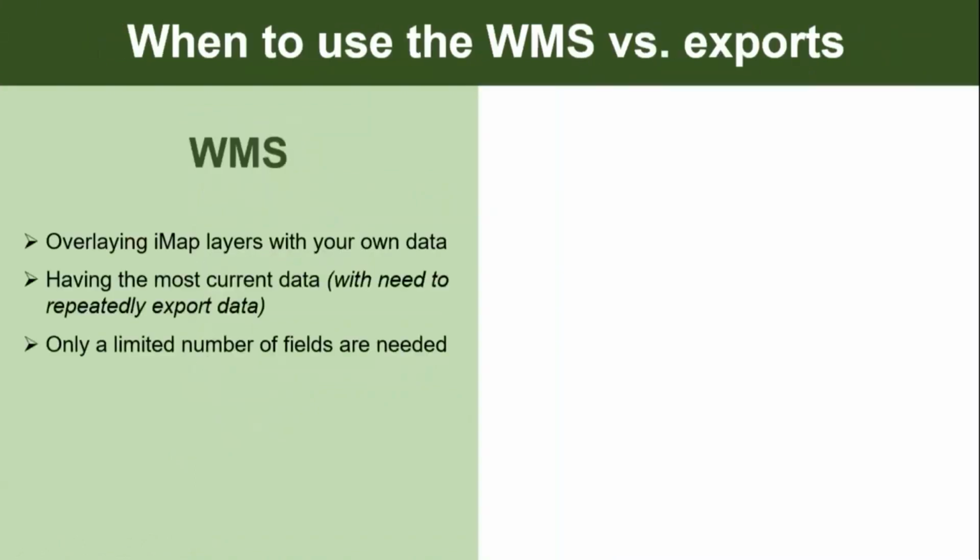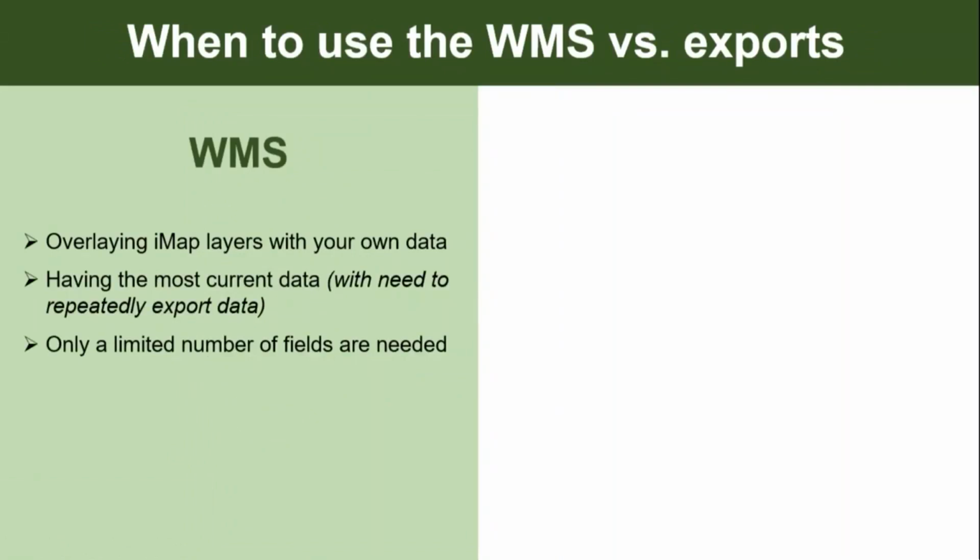So we feel that the WMS is very powerful. There are a lot of cases where you want to use the WMS, but in some cases you do still want to use exports. So the WMS is great for when you need to overlay iMap layers with your own data. So you can have your own data open and you can pull iMap data in using the web map services.